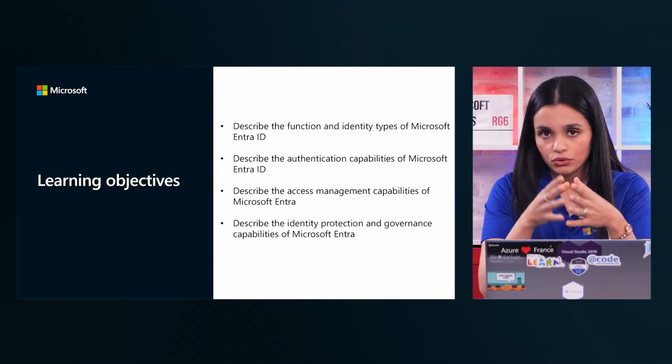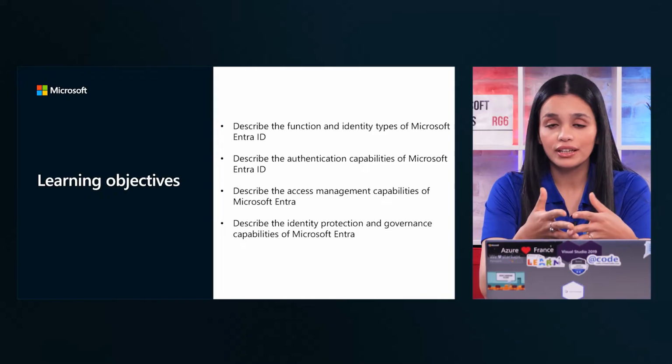In session 2, we'll explore the function, identity types, and authentication capabilities of Microsoft Entra ID, along with the capabilities of Microsoft Entra, including access management and identity protection and governance. So let's start. This session is broken into 4 lessons.